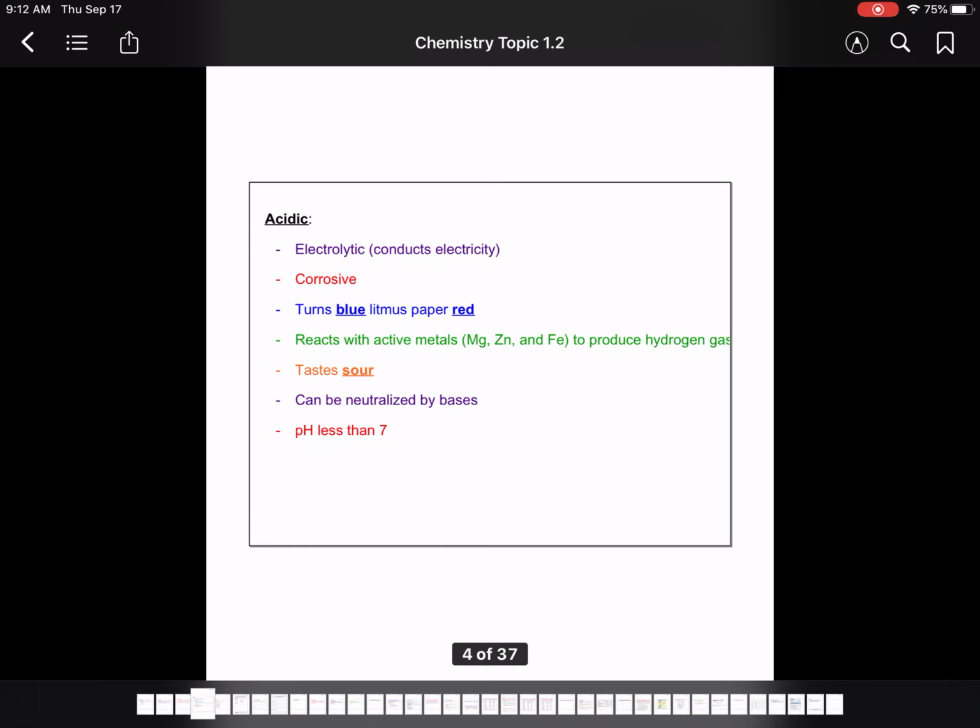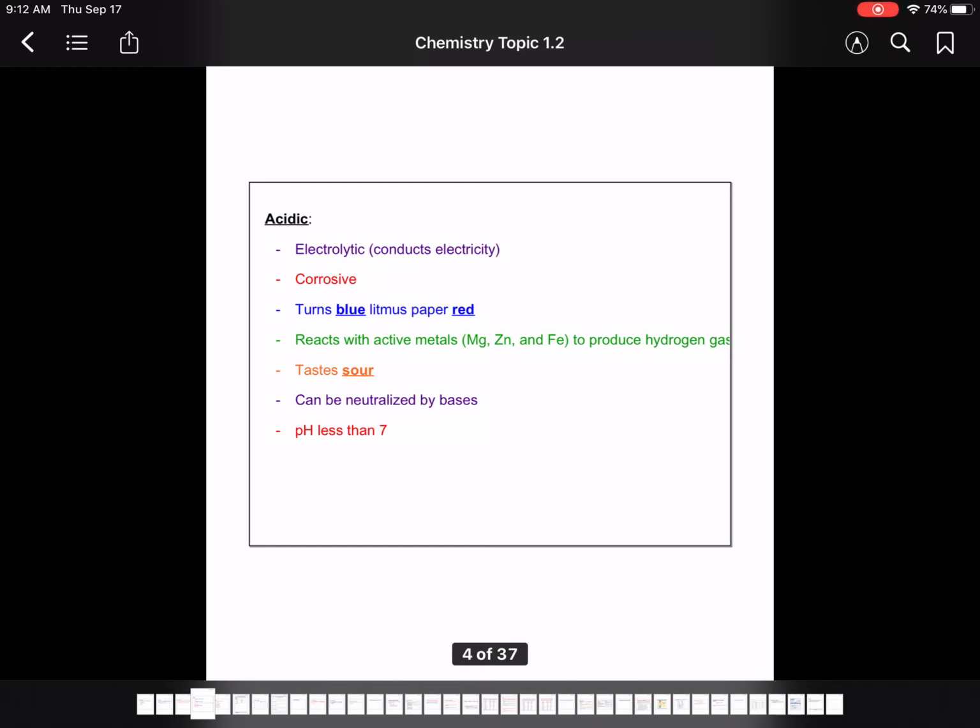And then the third type of solution is an acidic solution, and that has quite a bit of things that make it acidic. If you're looking at different solutions on figuring out if they're acidic or basic, one thing to note is that acidic things normally conduct electricity, so they have electrolytes.